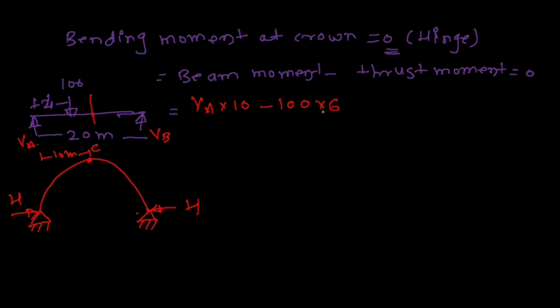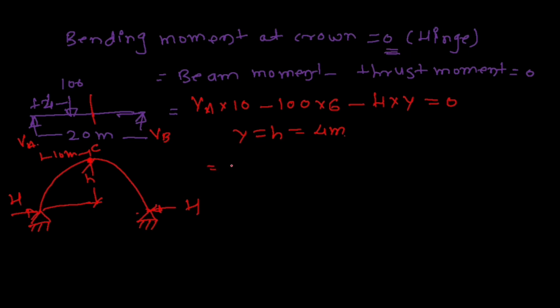The next is the H moment. Always the H moment is minus H into y, so that is equal to 0. In our case we are taking the moment at the center, so this is the central rise, and this is given as 4 meter. So in our case y is equal to the central rise, that is 4 meter.